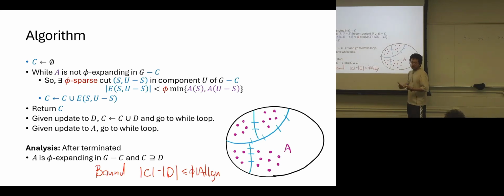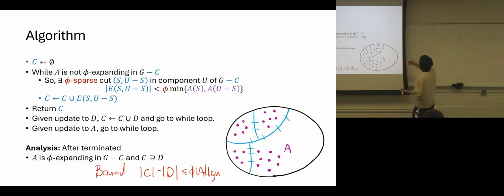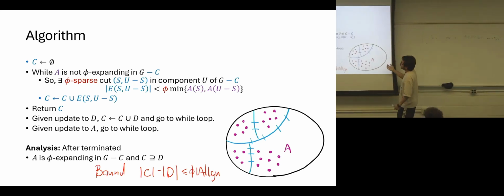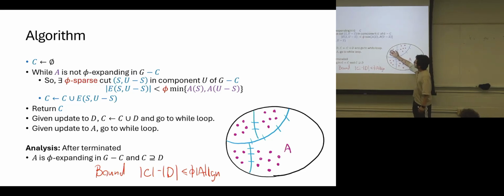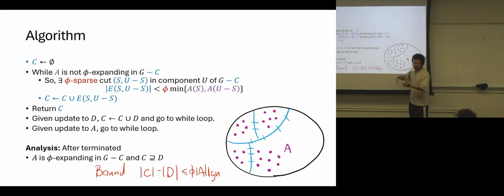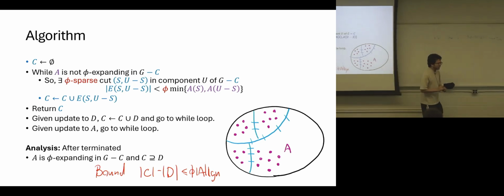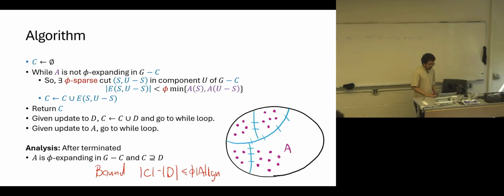If you start with some money on each node weighting like this, you should be able to use the money on this node to pay for the cut because the cut is sparse. The cut is sparse, meaning that the number of edges crossing the cut is small compared to the node weighting. So it's really almost the same proof.